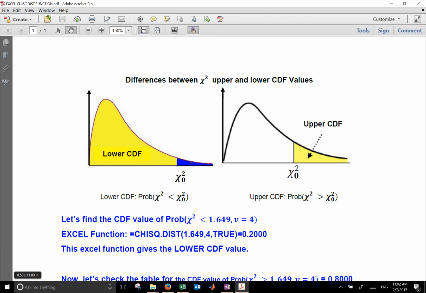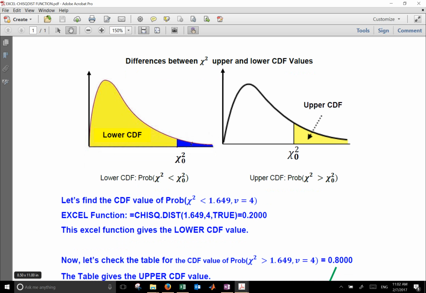Now let's have a look at the difference between chi-square random variable upper and lower. So if we know a location, for example, this chi-square 0 is our location. Lower CDF goes from 0 up to chi-square 0. This yellow area is called lower.